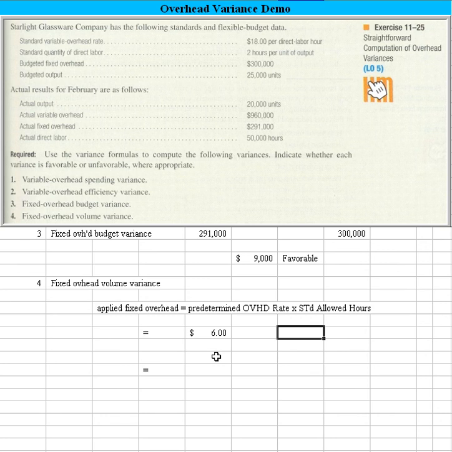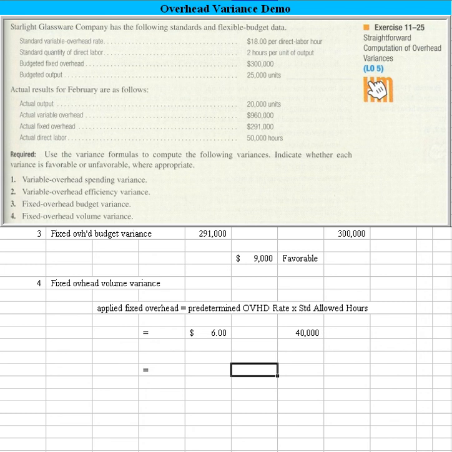Now we have to multiply that times the standard allowed hours. And let me just fix that abbreviation so that looks a little bit better. Okay, so to determine the standard allowed hours, we need to take the 20,000 units we actually produced, shown right there in the problem, times the 2 hours per unit, which says the standard allowed hours should have been 40,000.